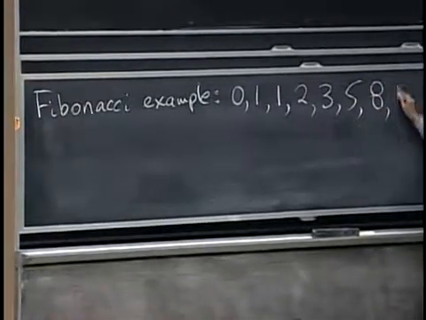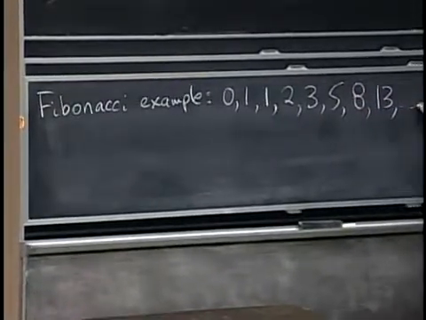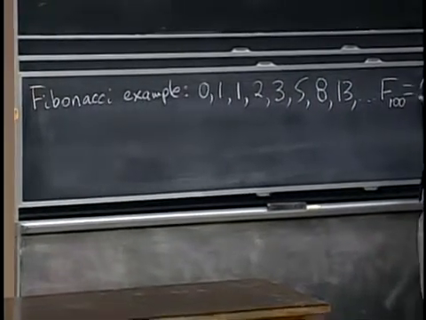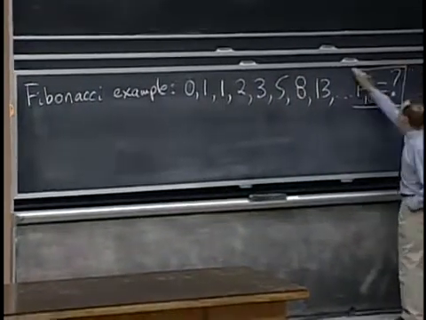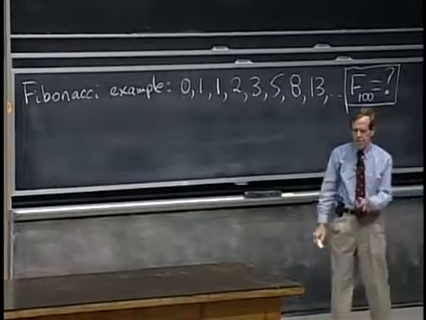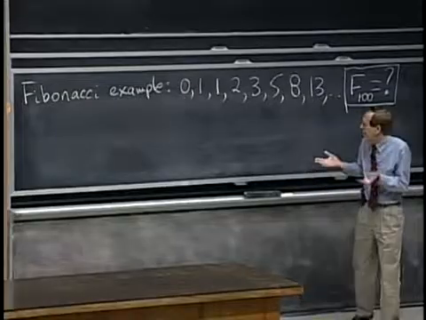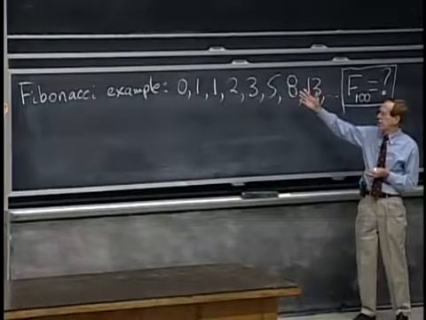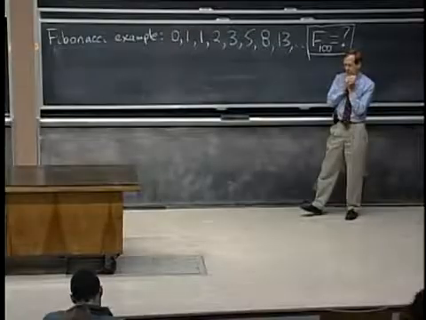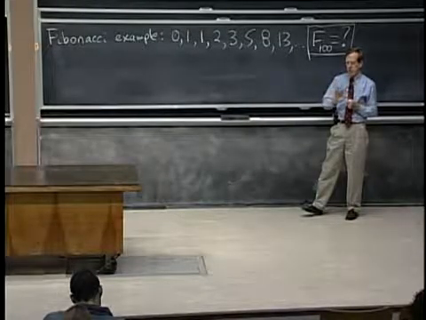The next one is 13. And the 100th Fibonacci number is what? That's my question. How could I get a formula for the 100th number? And for example, how could I answer the question, how fast are they growing? How fast are those Fibonacci numbers growing?